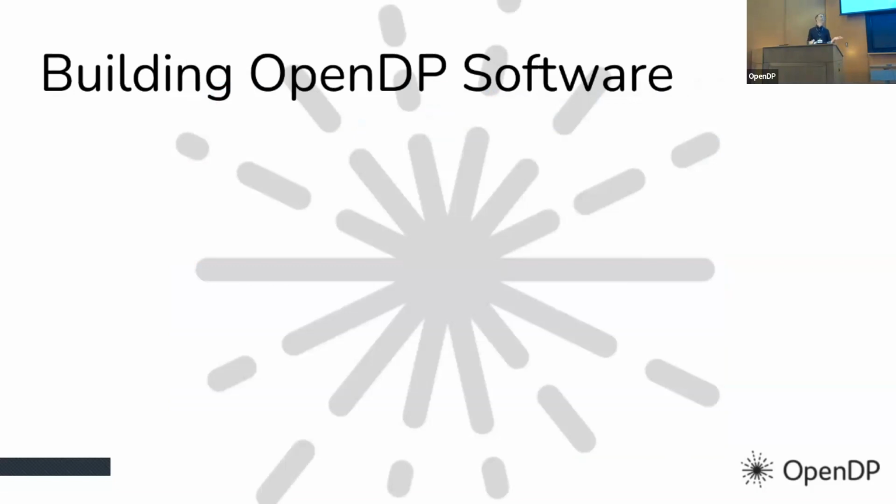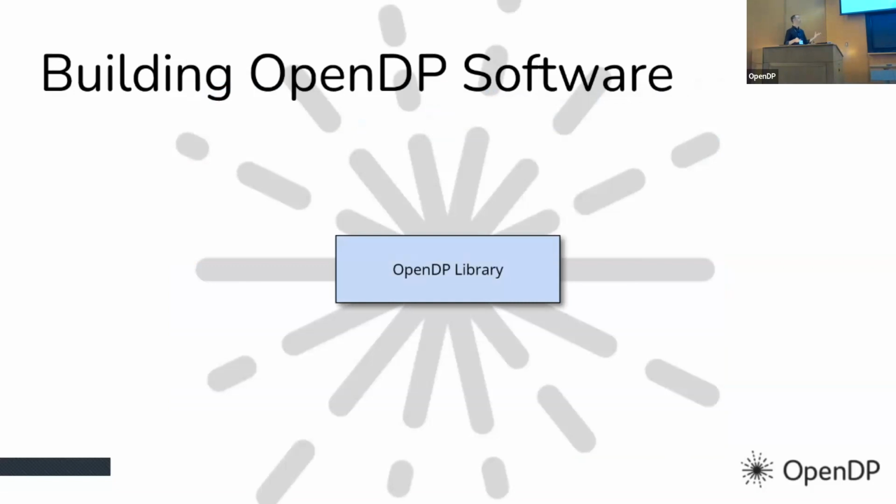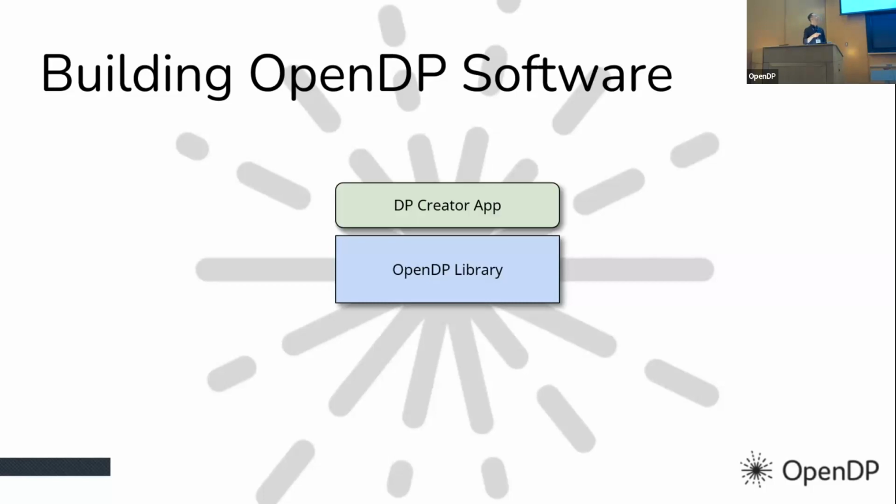There are a number of components that make up OpenDP. Kind of central to that is the OpenDP library. That's our collection of functions for doing statistical summaries with calibrated noise. And then using that, we've built this web application we call DP Creator.